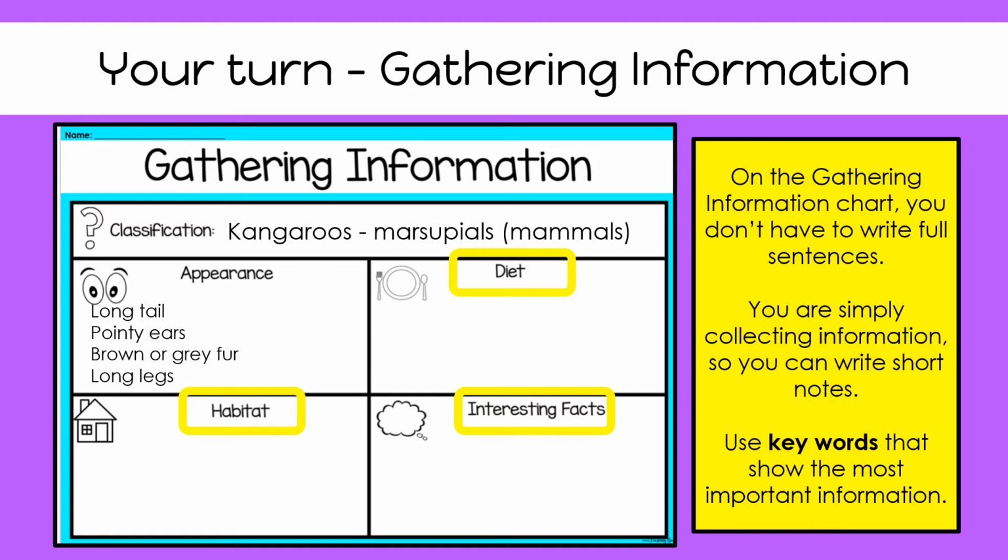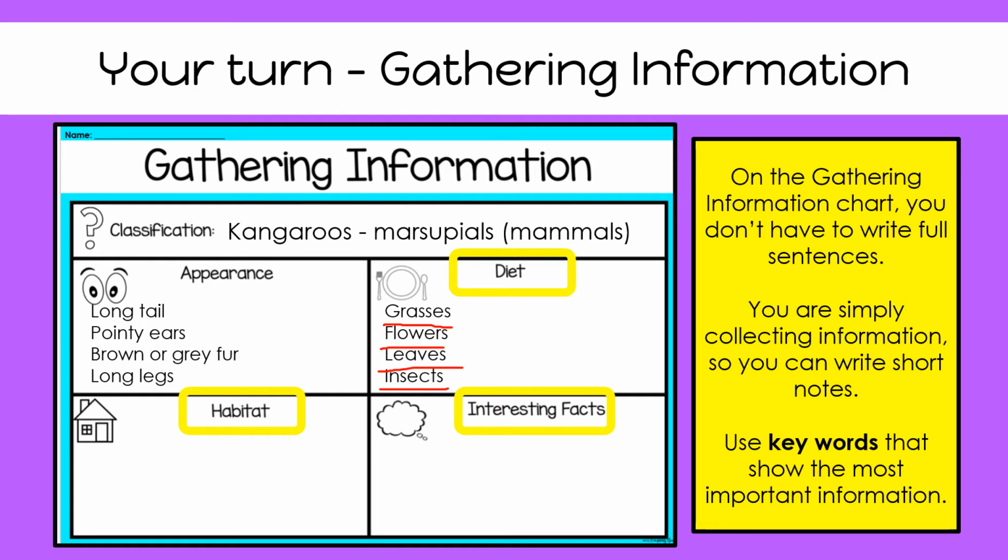Now, just to show you another example of what to do, here is the information that I collected about kangaroos. I found in my research that kangaroos like to eat these 4 things: grasses, flowers, leaves, and insects.